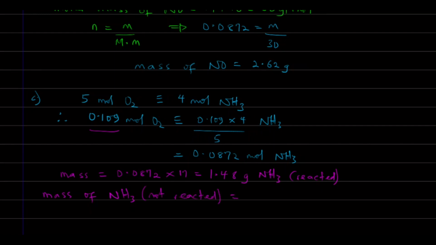The one given is 3.25 minus 1.48, and we have it to be 1.77 gram. So out of 3.25 gram of NH3 that was given, only 1.48 gram reacted.